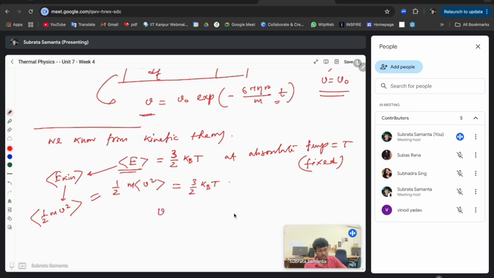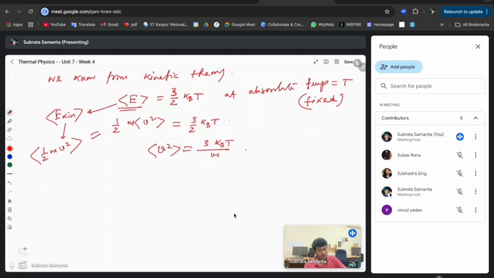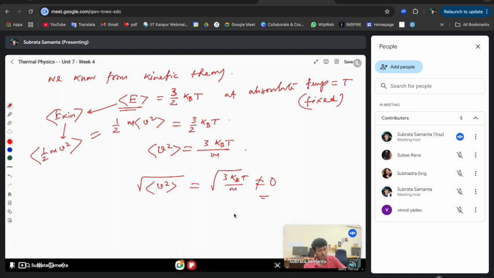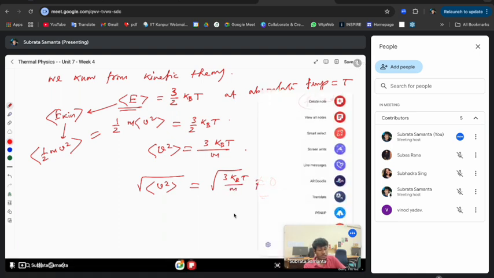Therefore the v square average is 3 kBT over m. And the square root of v square average, the square root of 3 kBT over m, is not zero; it is basically a constant.